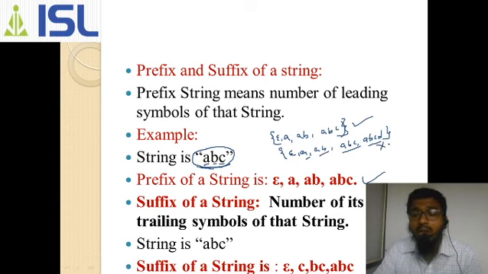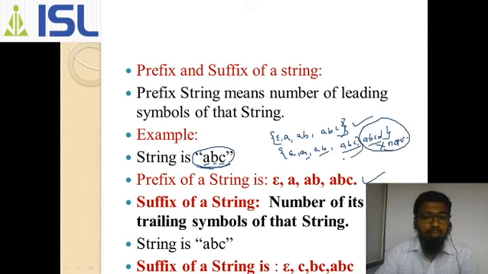This is not valid, and you should not take like this, only till here. So the prefix, I think you understand, is very simple. Prefix means the number of leading symbols of the string. If we have the string ABC, we get epsilon, a, ab and abc.